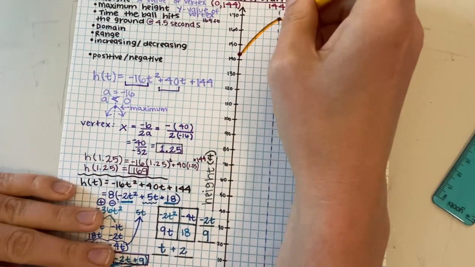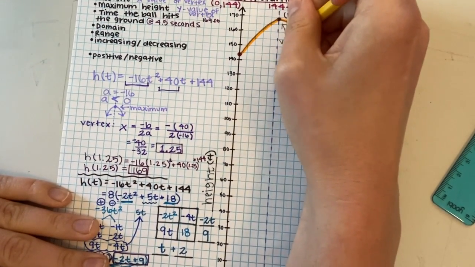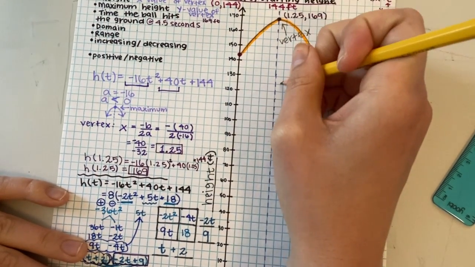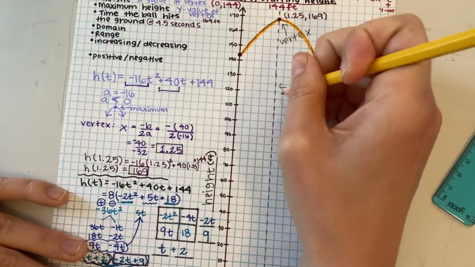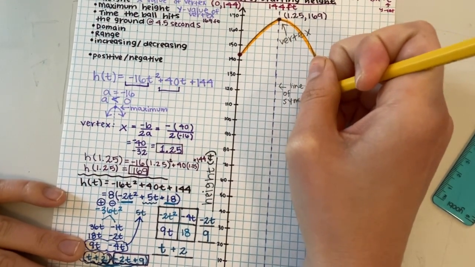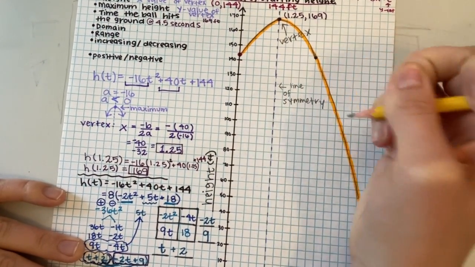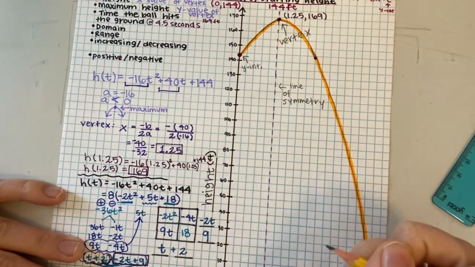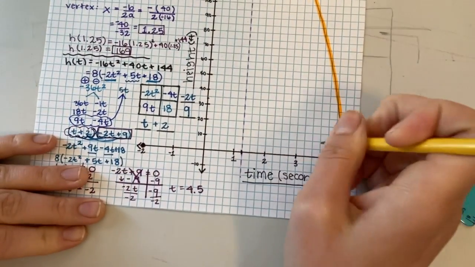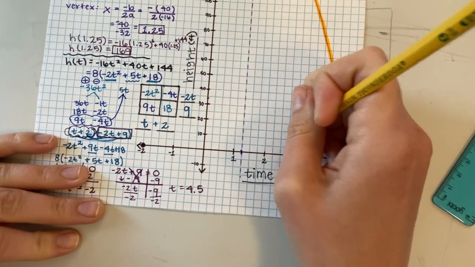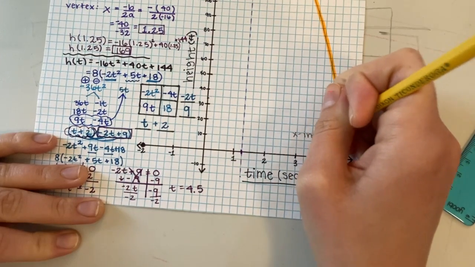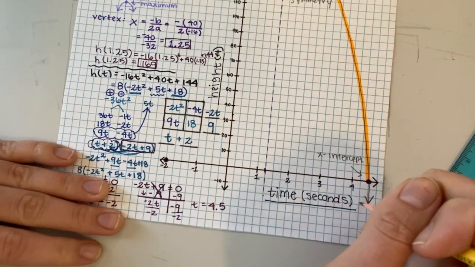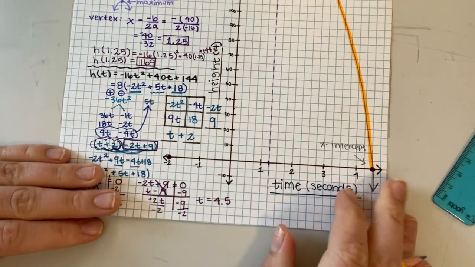We've got the vertex, which is also our line of symmetry. We had the y-intercept. And then we had our x-intercept down here, which, remember, we find by solving for x when y equals 0.